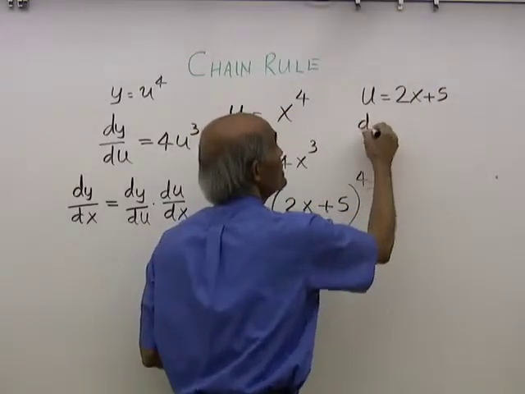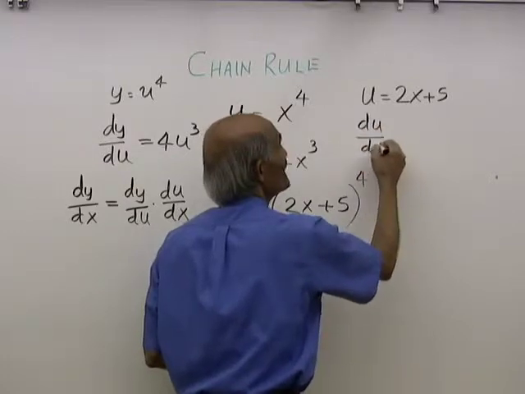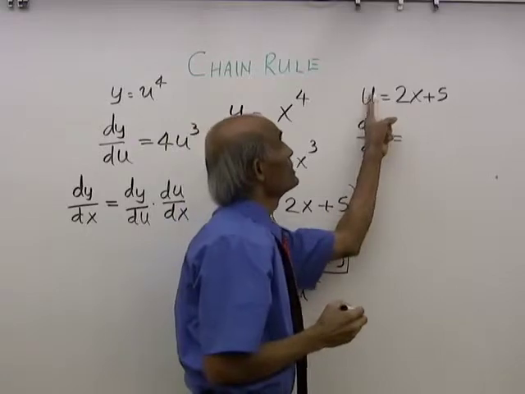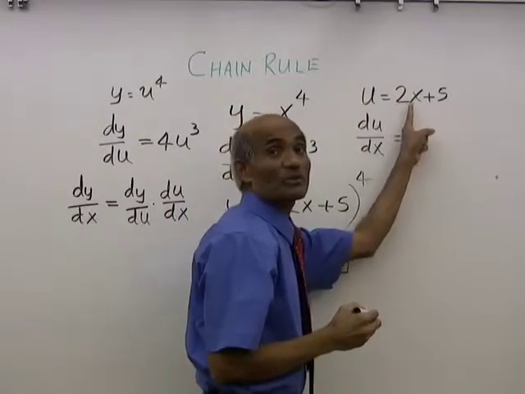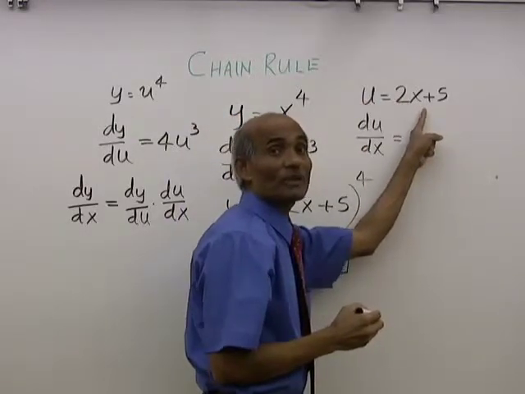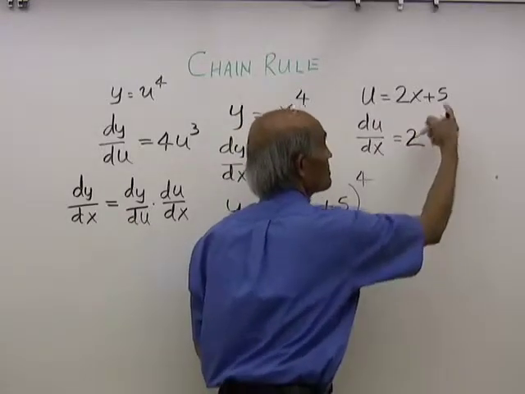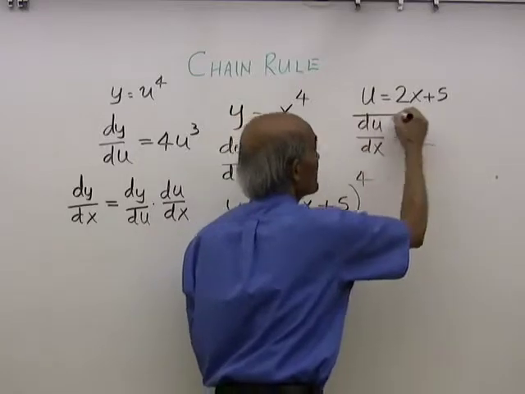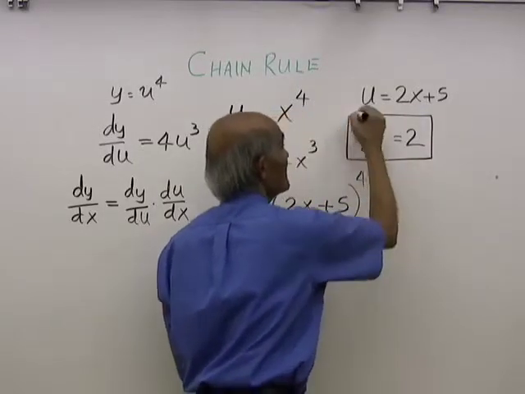What is du by dx equal to? Well, du by dx is the derivative of 2x with respect to x, which is 2. The derivative of 5 is 0. So du by dx equal to 2.